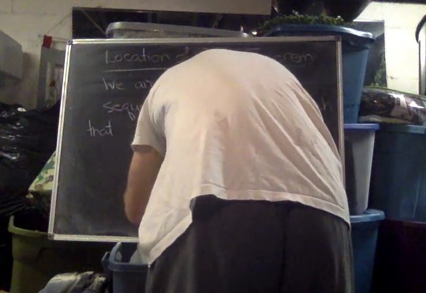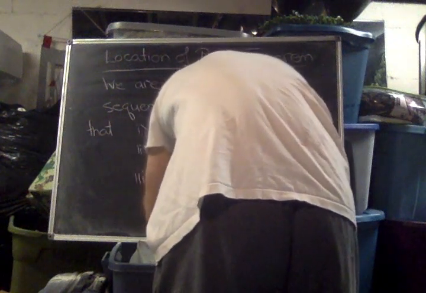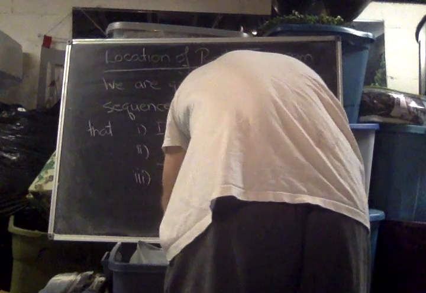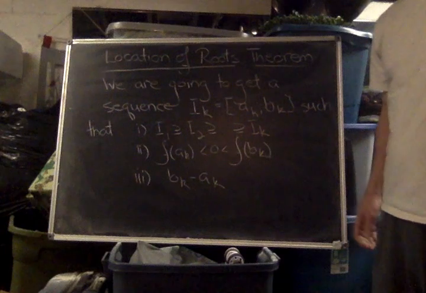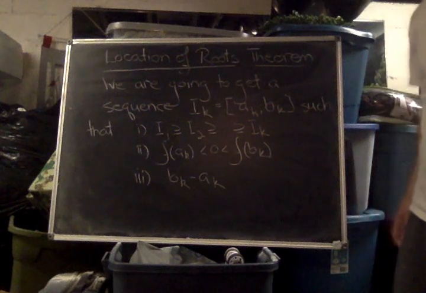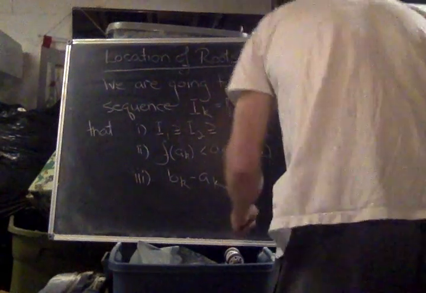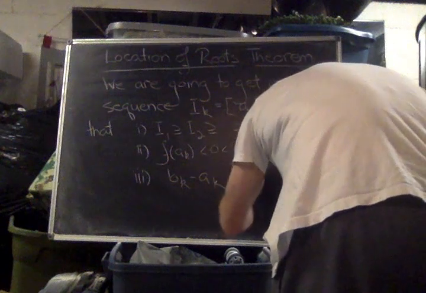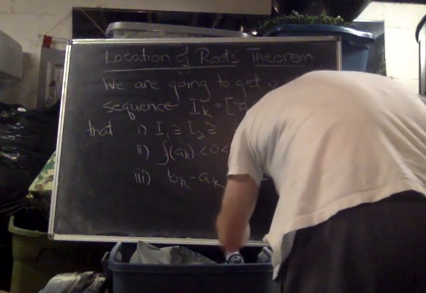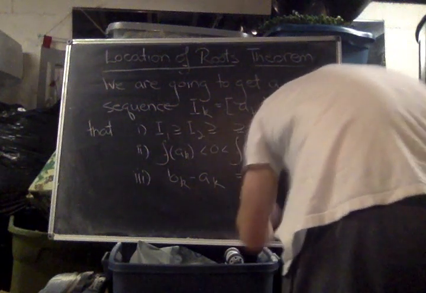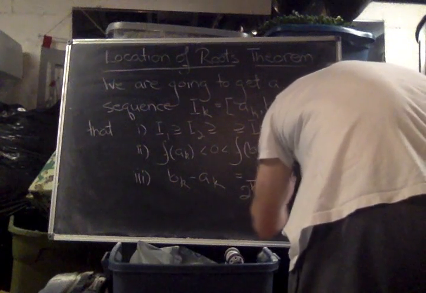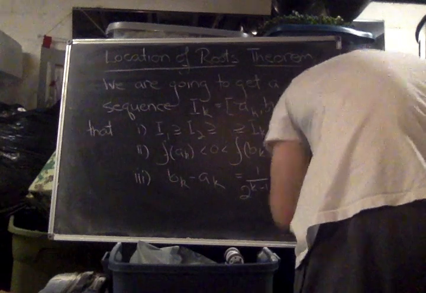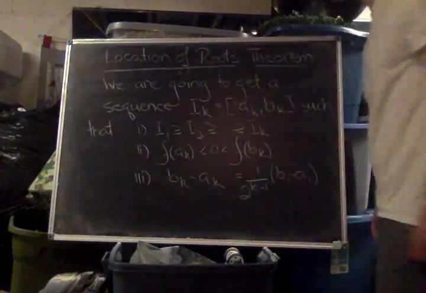So the way to quantify that would be to say that if you look at the length of the kth interval, which would be given by the difference between the endpoints, b sub k minus a sub k, then that is going to be 1 over 2 to the k minus 1 times the width of the original interval, b1 minus a1.